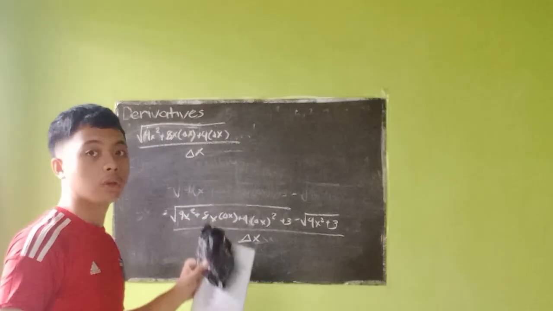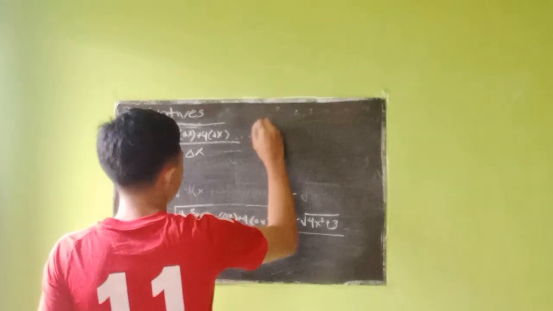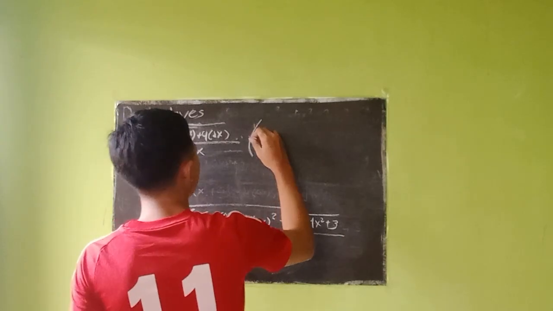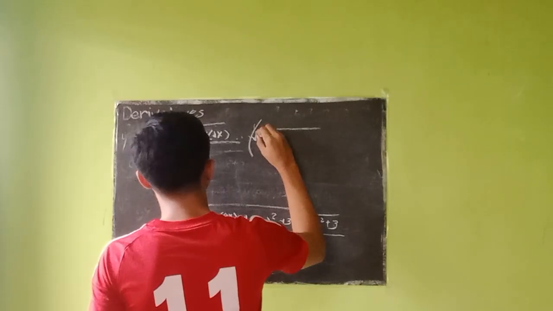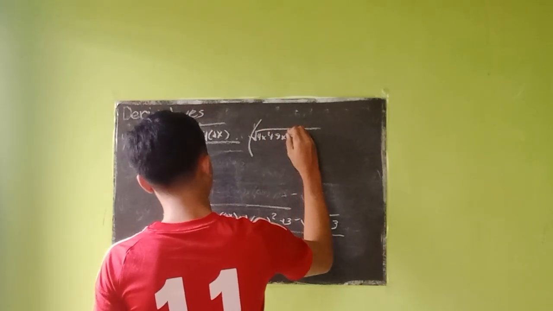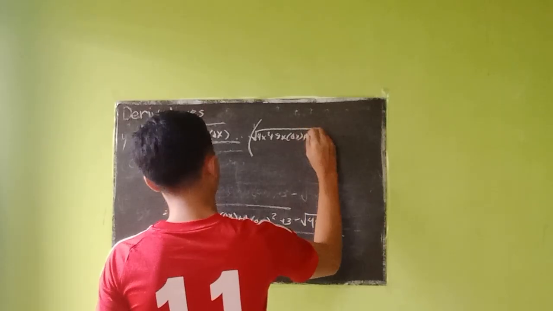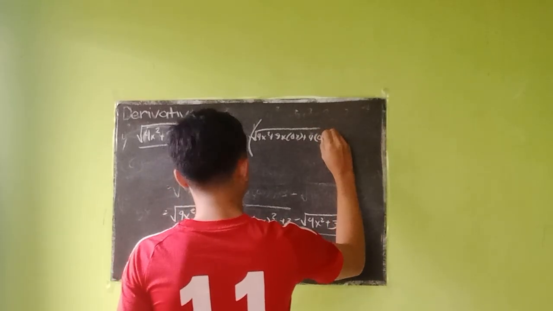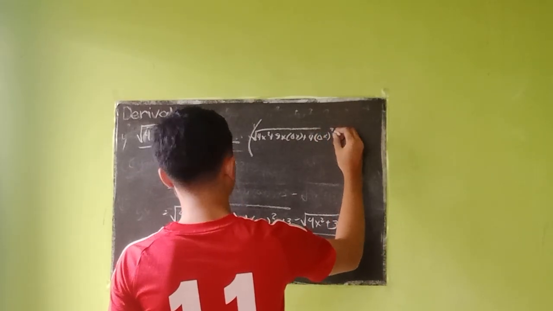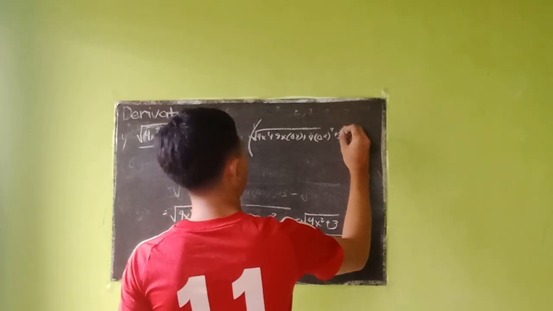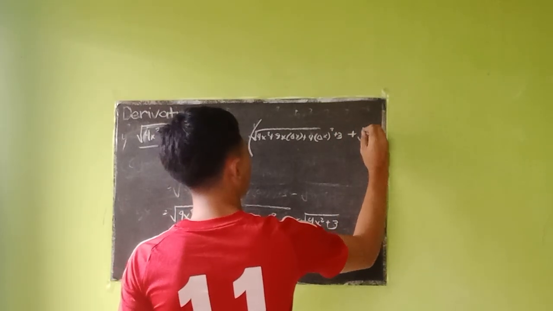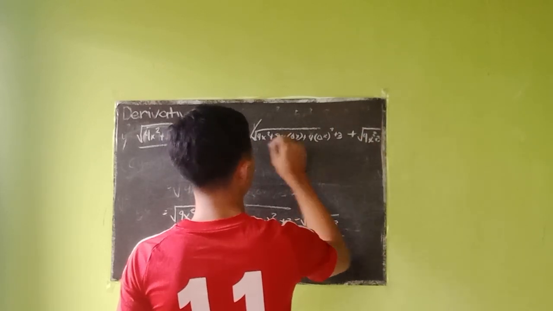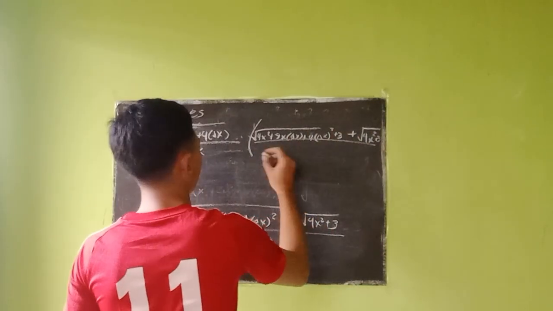I'm just trying to lengthen it up and then multiply it by the reciprocal, and the result will be 4x squared plus 8x delta x plus 4 delta x squared plus 3 plus 4x squared plus 3, like that. And then do the exact same thing.